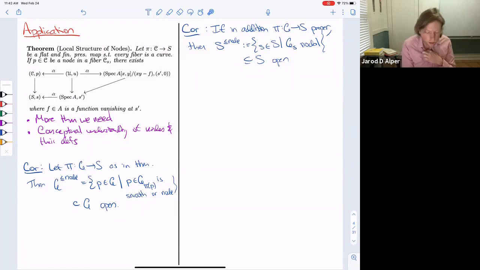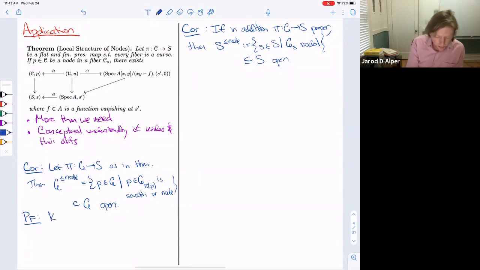And then the claim is that this is an open condition in the total family C. And to prove this, first let's note that if the point is smooth, we already know that the smooth locus is open. And so let's handle the case that P is a node in the fiber.